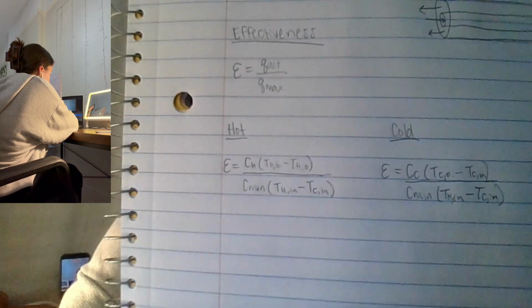It will actually be our T of the cold going out on the numerator minus the T of the cold going in, because we want to heat up that stream, so it's going to be hotter at the exit point rather than the entrance point. So this will be that efficiency relationship for both the hot stream and the cold stream here.